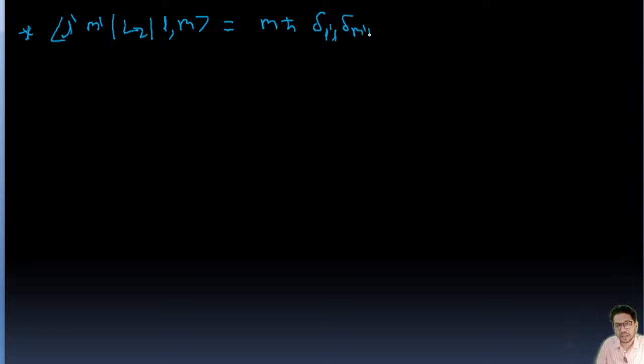L dash M dash, Lz, L M. This is going to be M h cut, where M means m_l. So it is M h cut delta L dash L and delta M dash M.